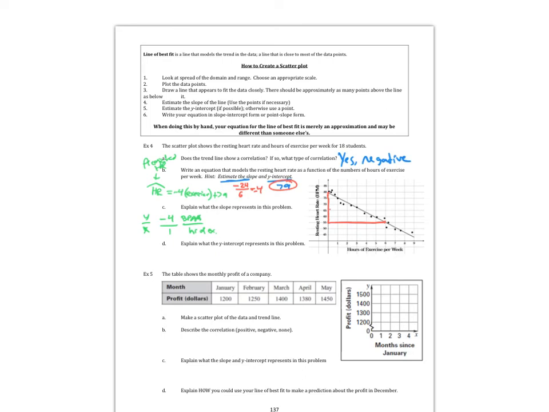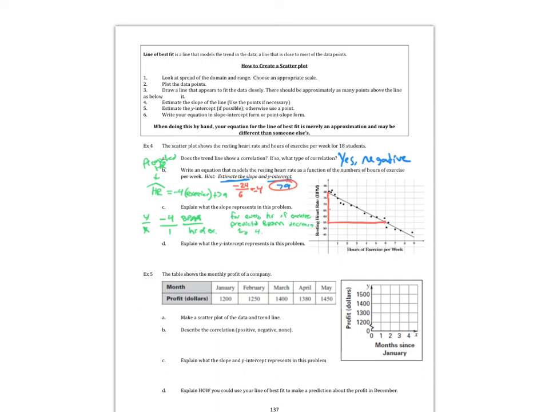The way we say this is we say that for every hour of exercise, we have to use the word predicted, predicted beats per minute decreases by 4.